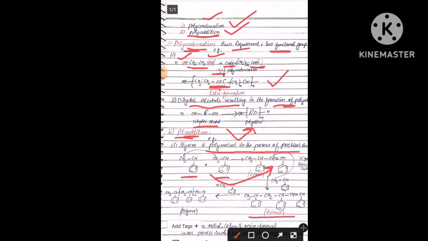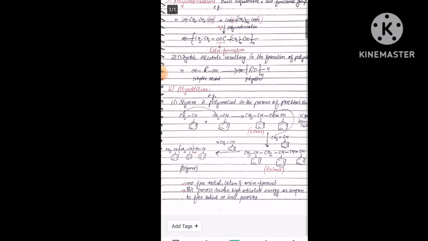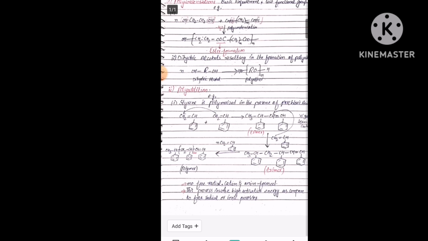But it is a little different in the case of step growth polymerization, where two monomers are joined and form a dimer, and other monomers form a trimer, and other monomers form a tetramer, and it continues to form a polymer. So students, remember it, in polyaddition no free radical, no cationic, no anionic mechanism is formed. This process involves high activation energy as compared to free radical and ionic processes.